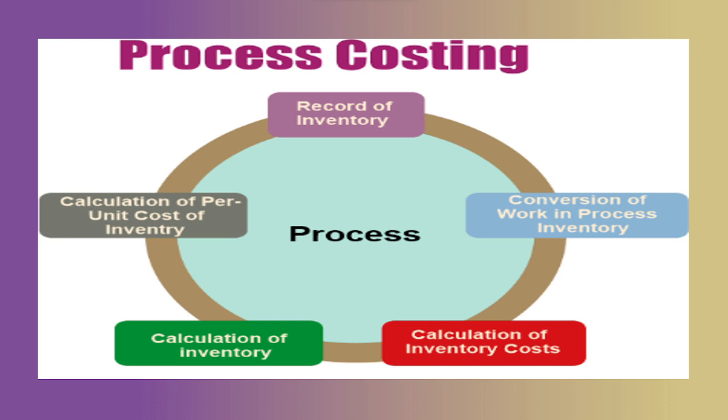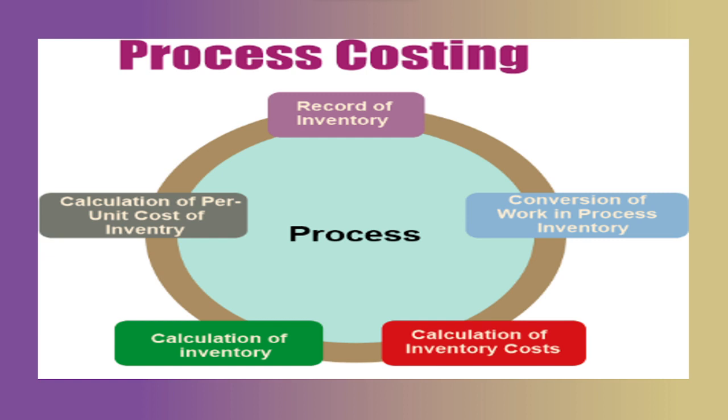the record of inventories along with the value of the cost incurred in the inventories is the first and basic step in the calculation of process costing. Then comes the conversion of inventories, which are inputs, while they are coming through the manufacturing process. The conversion of work in progress inventory happens. Then they calculate the inventory cost in each different process, which could be process 1, 2, 3.